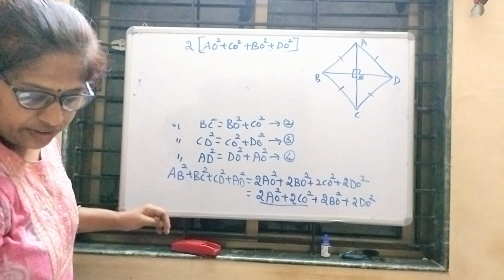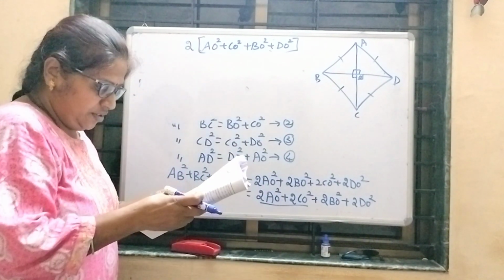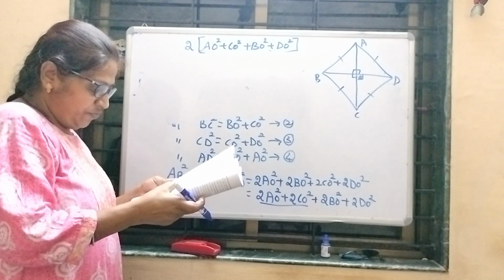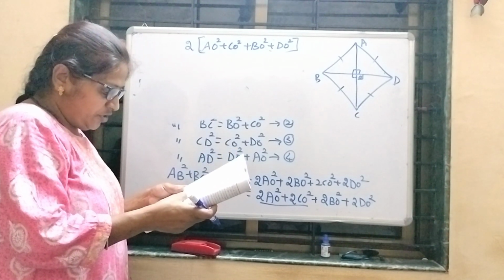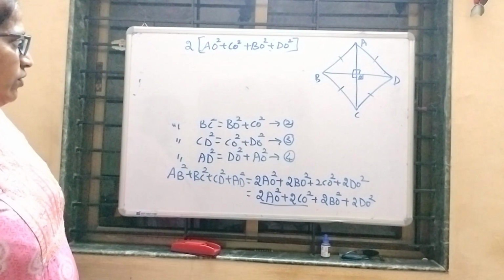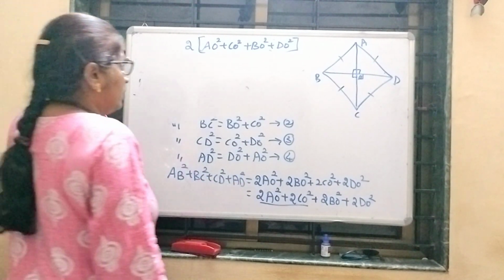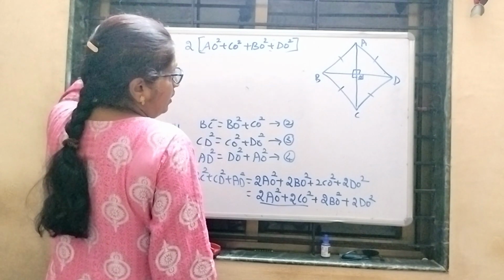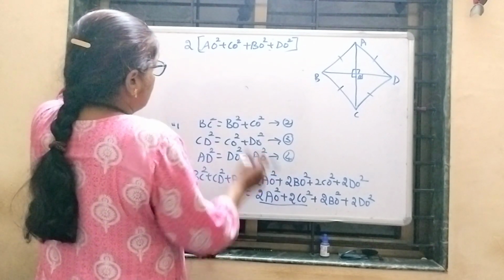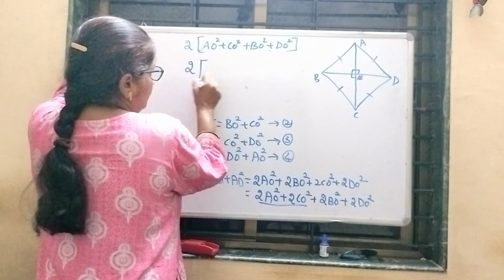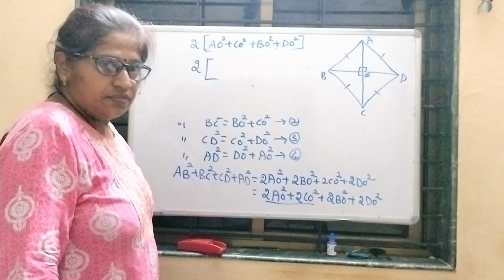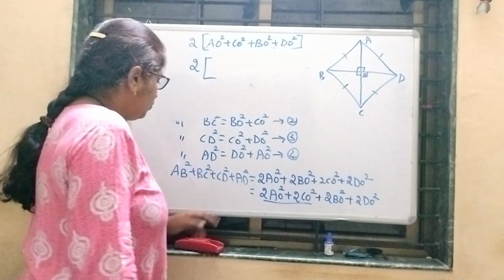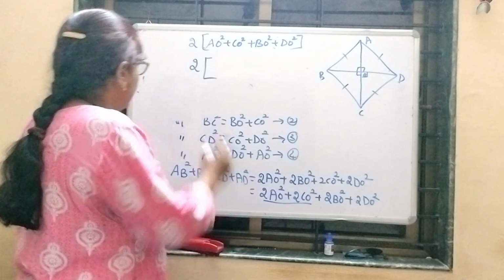So the question is, what you need to prove here is, prove that the sum of the squares of sides of a rhombus is equal to the sum of the squares of its diagonals. So AO square plus CO square will become AC square.